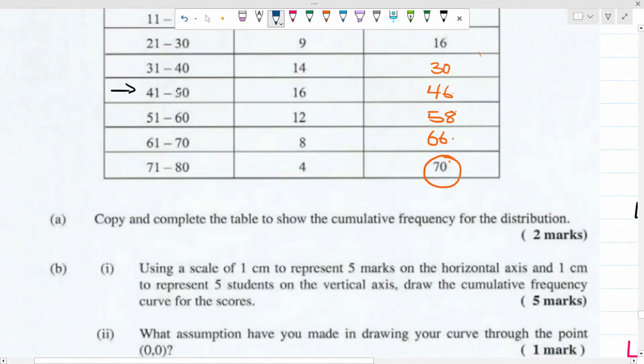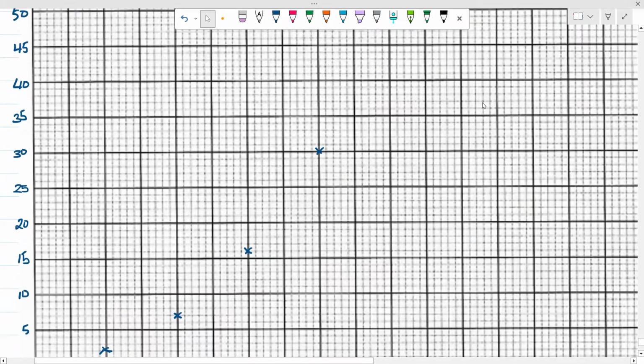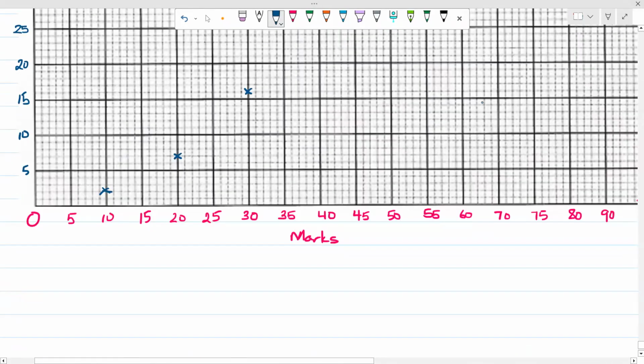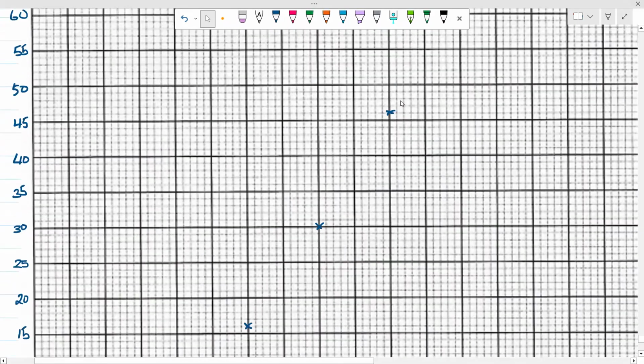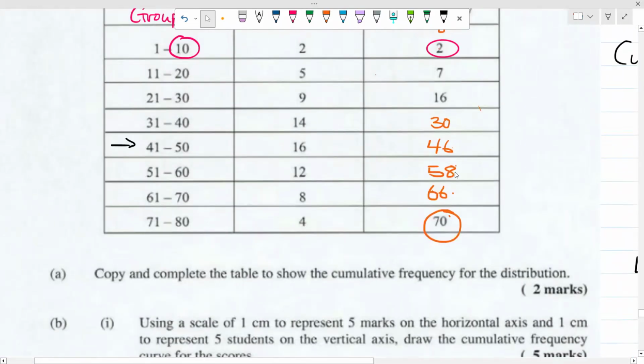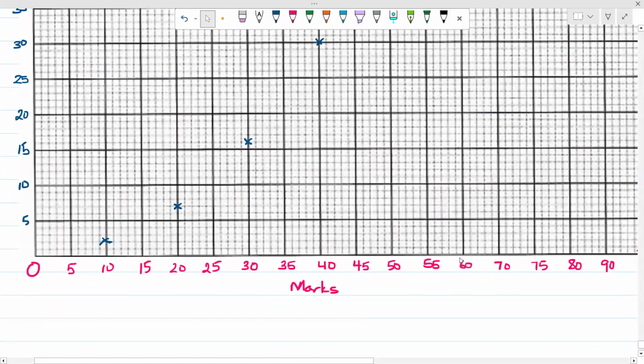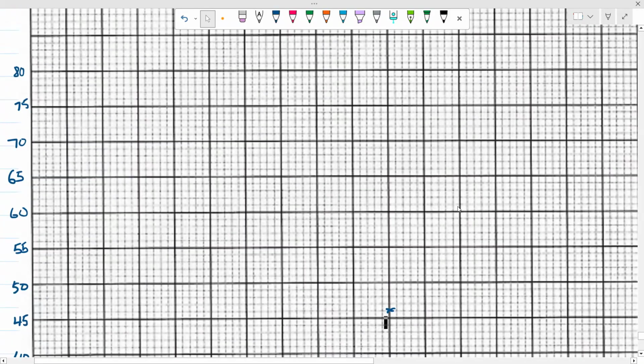Then we're doing 50 and 46. Will be right here. Right? 40, 45, 50. And this is 46 here. Then we're doing 60 and 58. So 60, that's this line here. And we're going up to 58. This is 60.